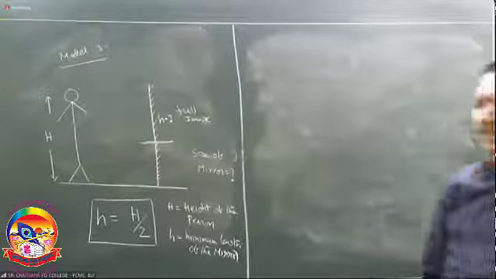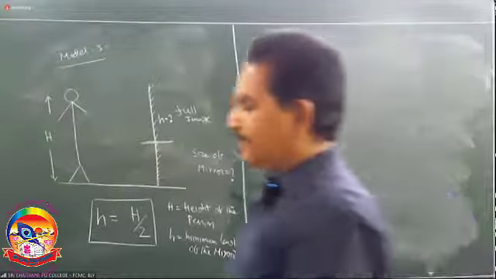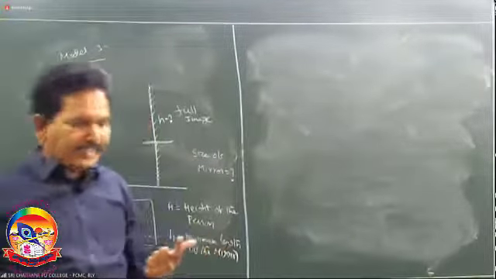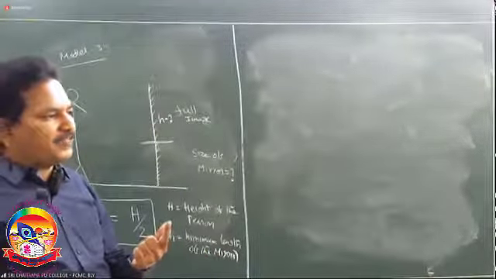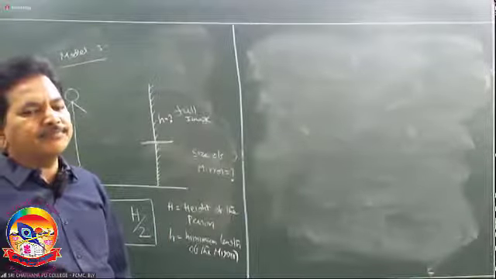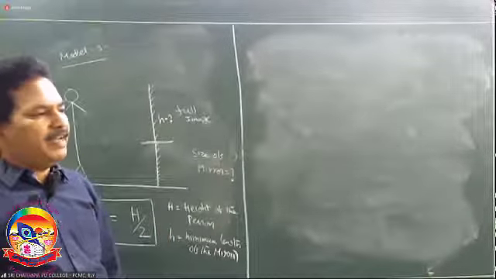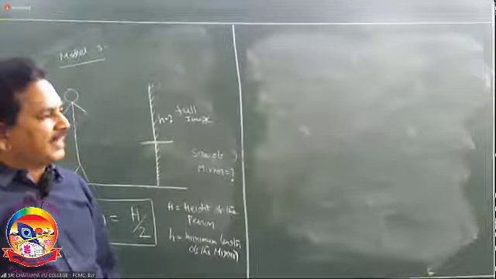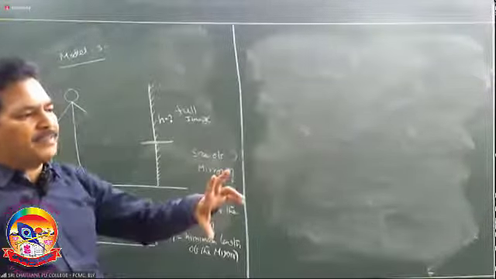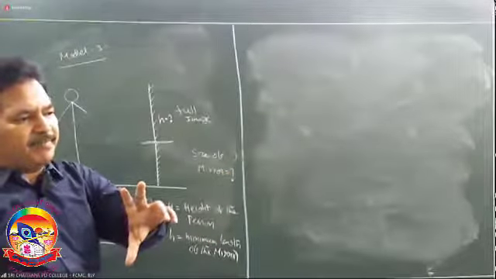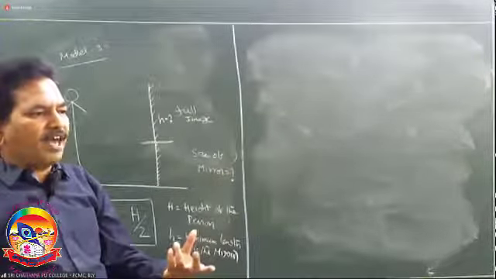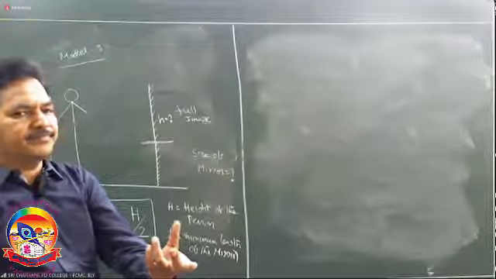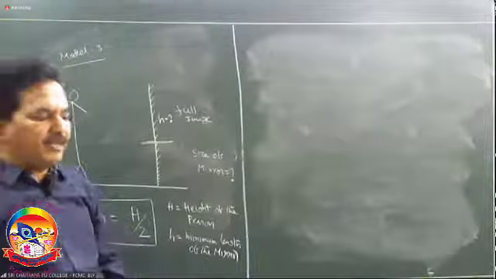For this, if you remember two concepts, it is very easy. What is the first concept? In a plane mirror, the image is formed behind the mirror. Second, the size of the object is equal to the size of the image, and the distance of the object is equal to the distance of the image.